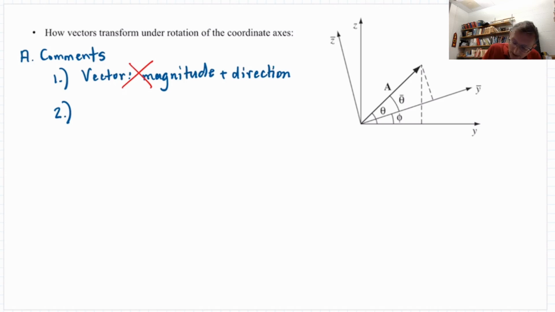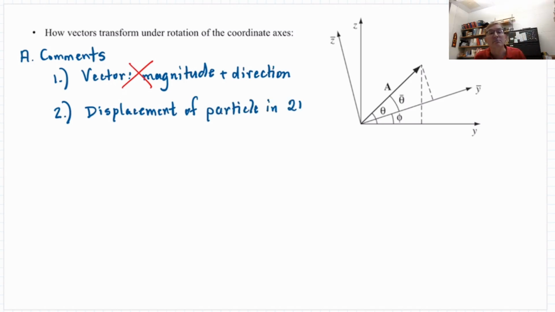And that we will take to be the displacement of a particle that has been moving around. Okay, so let's focus on the displacement of a particle, and let's just limit ourselves right now to two spatial dimensions. We'll bring up the third dimension soon enough.